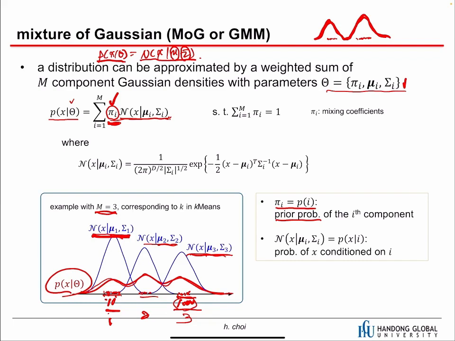Then this Gaussian distribution is p of x given i, which means when we choose one component, what is the likelihood.